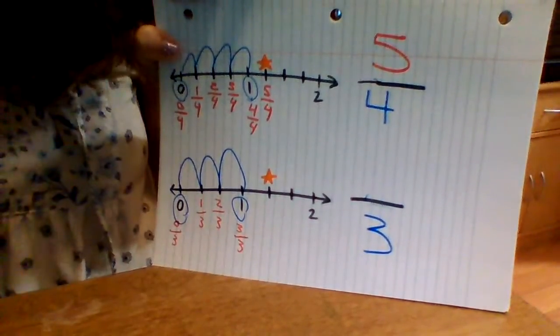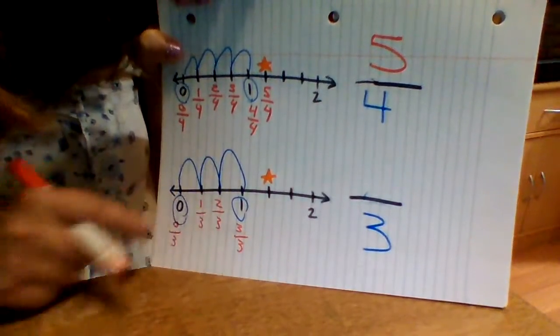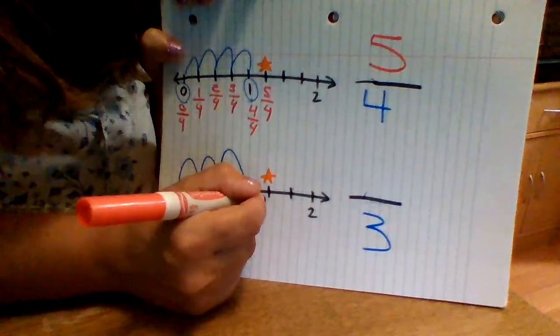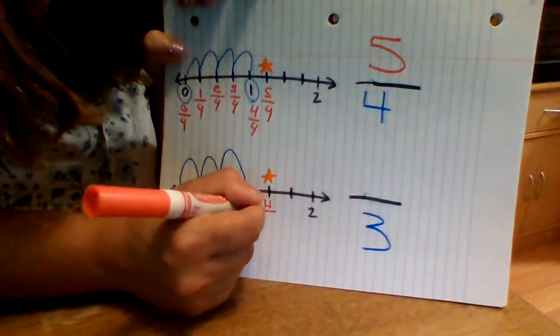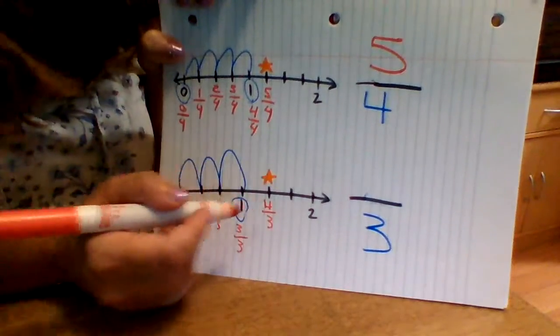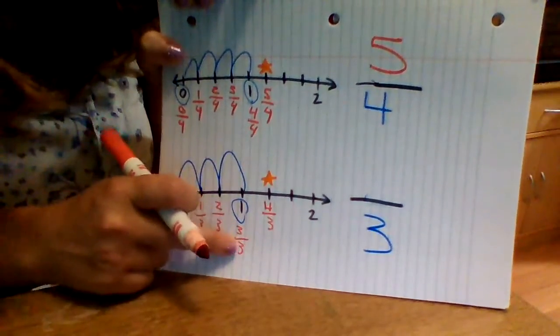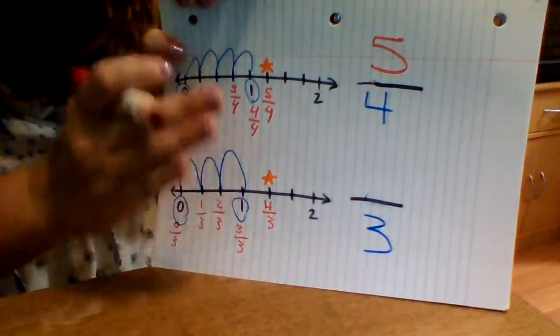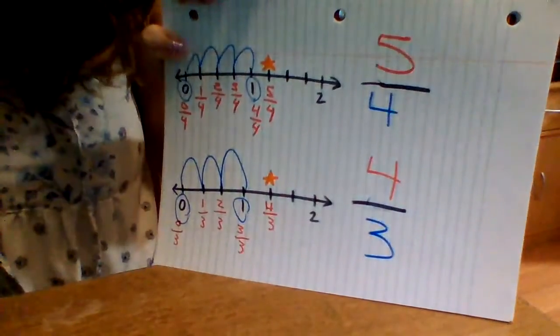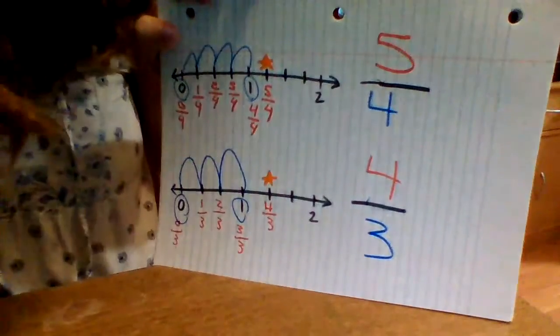My denominator never changes, right? Thirds, thirds, thirds, thirds. It's just the numerator that's counting by ones. And then 4 thirds. Right? 4 thirds falls underneath my star. 3 thirds falls underneath 1 whole, so I know that I lined all these up right. And I have my final answer, which is 4 thirds.